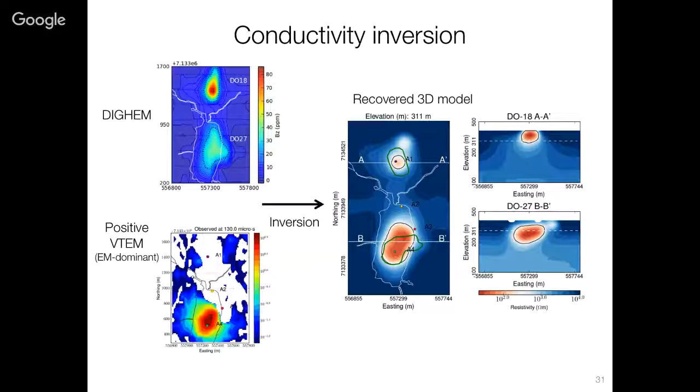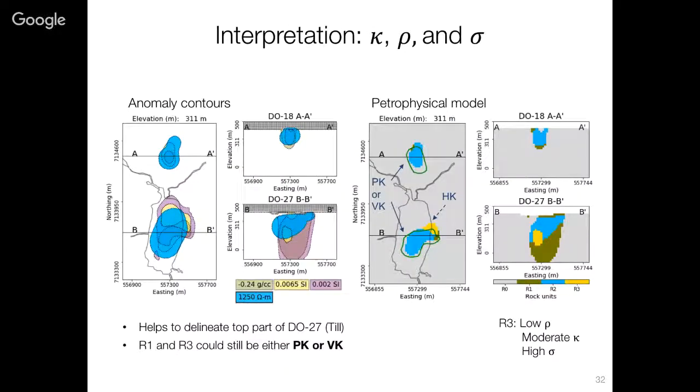So here's our electrical conductivity model. It's big here, moderately big there, and here's the cross section. So that gives us the conductivity, and that allows us to put an extra rock unit in here for something that's got a low density, moderate susceptibility, but a high conductivity.